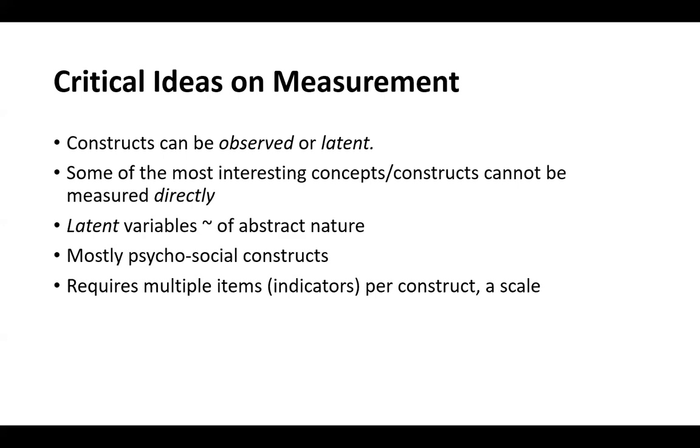I just talked about it. Some constructs or concepts are either observed or latent, and it's good to start talking about this latent concept, because many of the constructs that we work with are latent, specifically when we talk about, as I said before, social and psychological factors affecting health status.